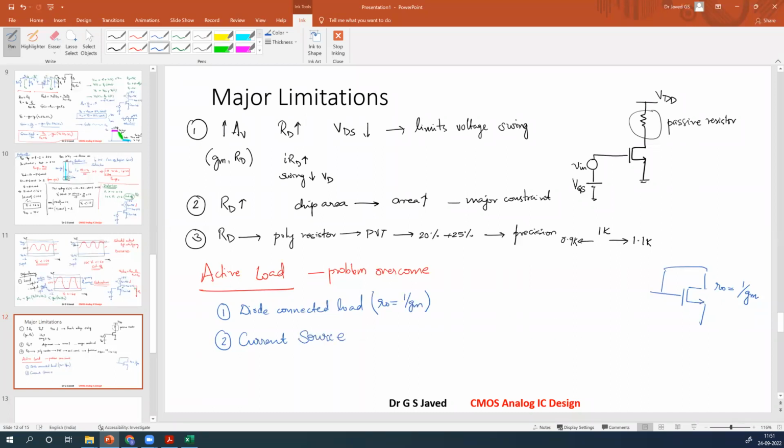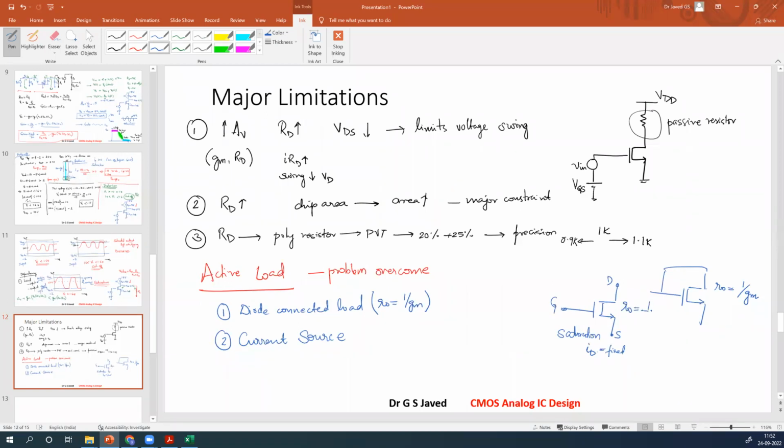Second, you can connect it as a current source. What is a current source? You can connect the MOSFET in the saturation region. You know that in saturation region the ID is fixed, so this becomes a current source. How do you make this a current source? You bias this appropriately: drain, source, and gate. Here in this case, what is the R out?